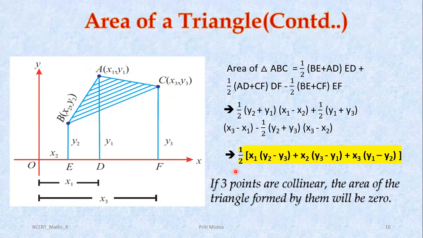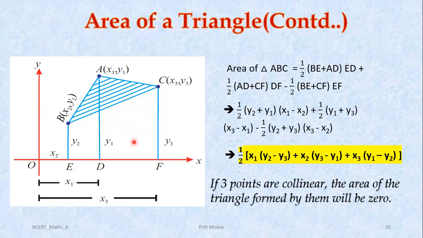Now, the condition of collinearity in terms of coordinates. If 3 points are collinear, then the area of the triangle formed by them will always be 0. Collinear means all 3 points lie on the same line. If they lie on the same line, then it is not possible to construct a triangle from those 3 points, right?